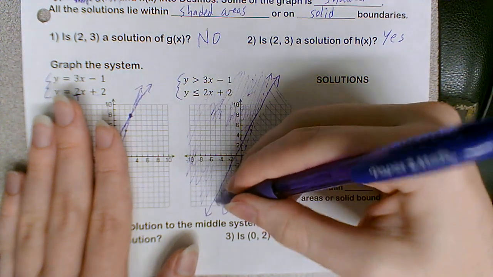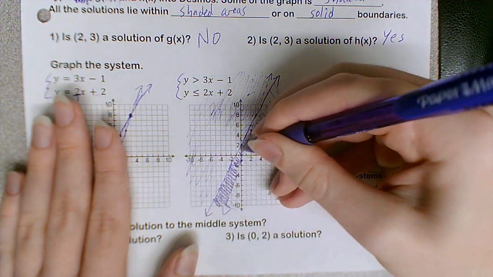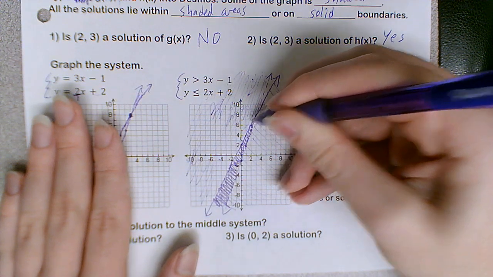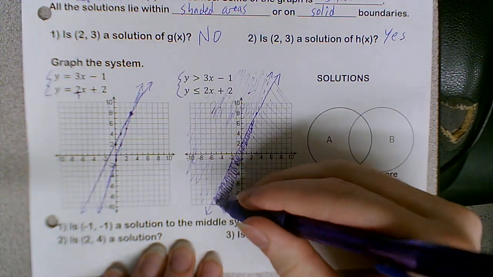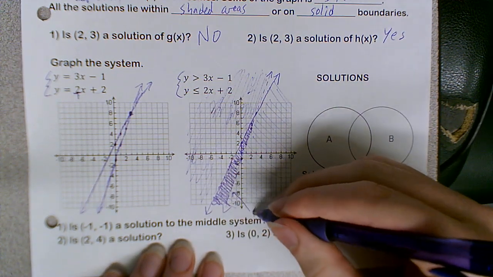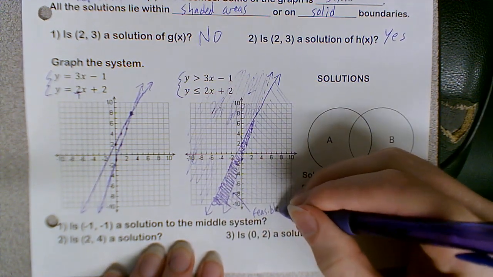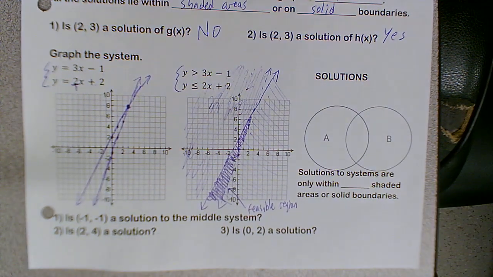And this is the most important area here. This area, the double shaded area, is called the feasible region. And this is where all of the solutions to the system of inequalities lie.